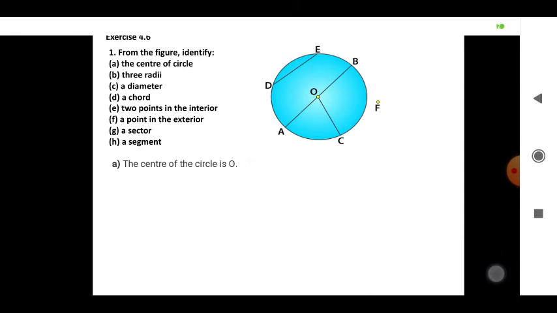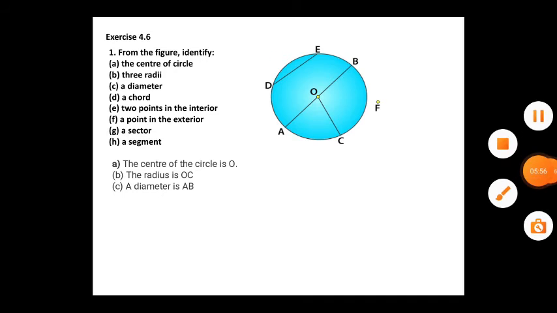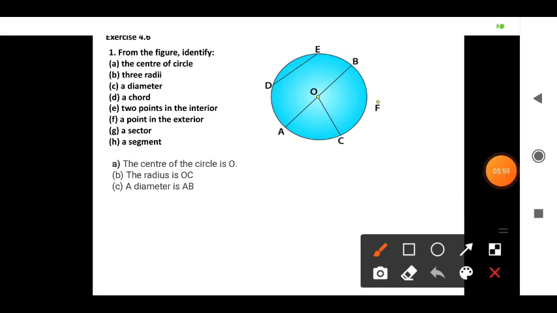Three radii. Which are the three radii here? OC is one radius, and another one OA and OB. OC, OA and OB are three radii.